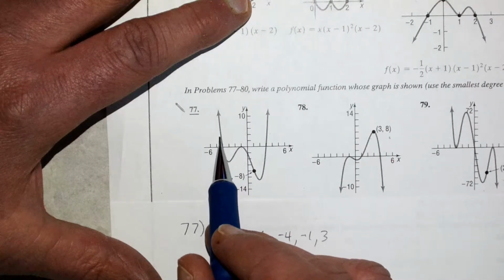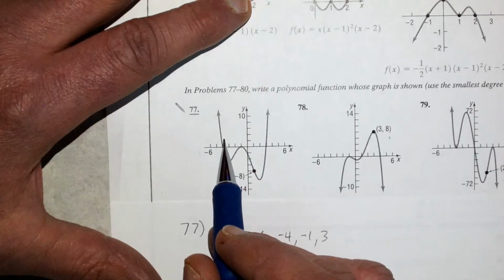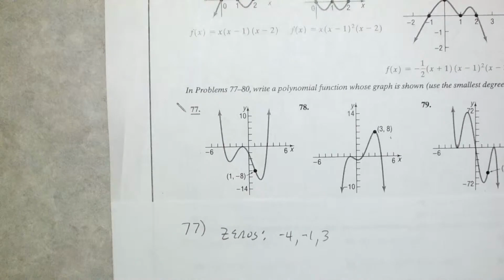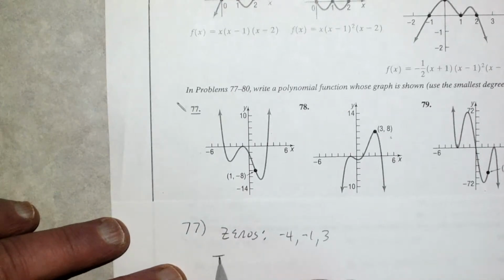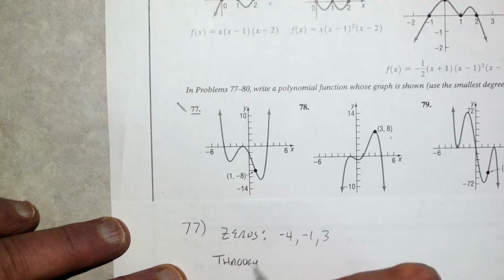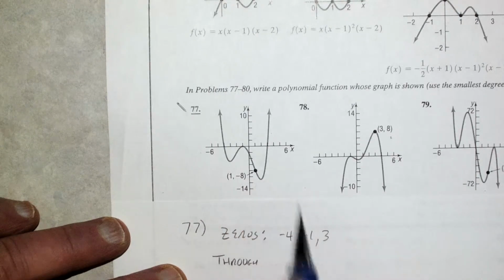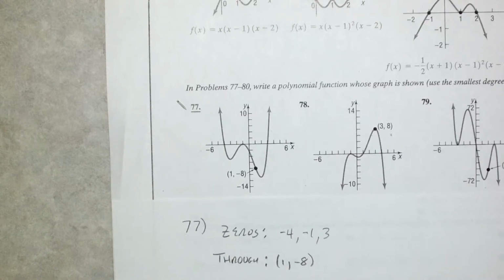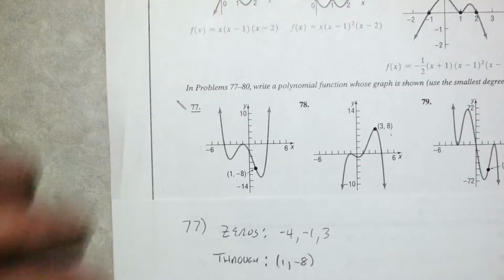So this is really a fourth degree polynomial function because it has 4 zeros, right? It has to be at least a fourth degree. And we've got a situation where we also go through this point right here, which is (1, negative 8). Okay, so let's see if we can take that information and put together a function.